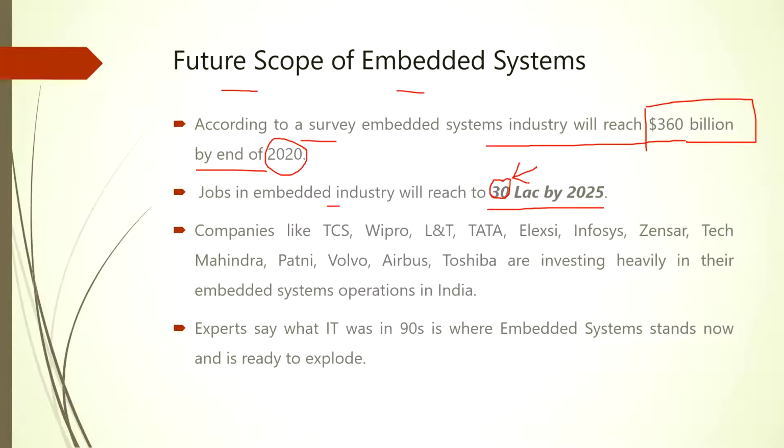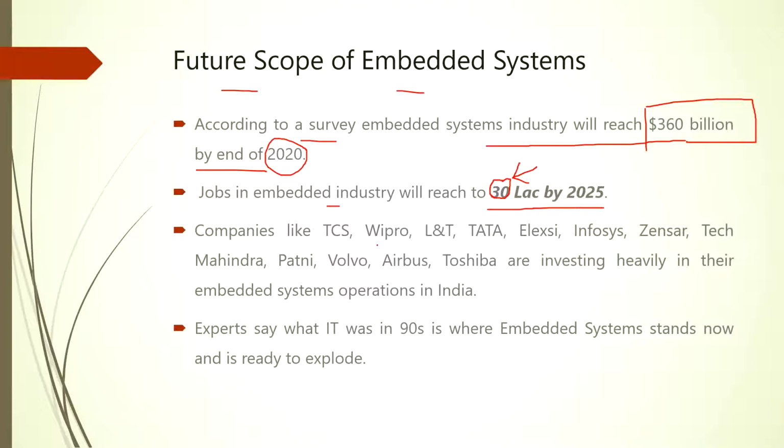So from small kids to elder people, almost all have an embedded system. Might be in terms of a watch, might be a washing machine, might be a microwave oven or something like that, right? So every system is getting automated now. When they want automation, they need to think of what? Embedded system. So anyway, jobs in the industry will be almost around 60 lakh or something of that type, right?